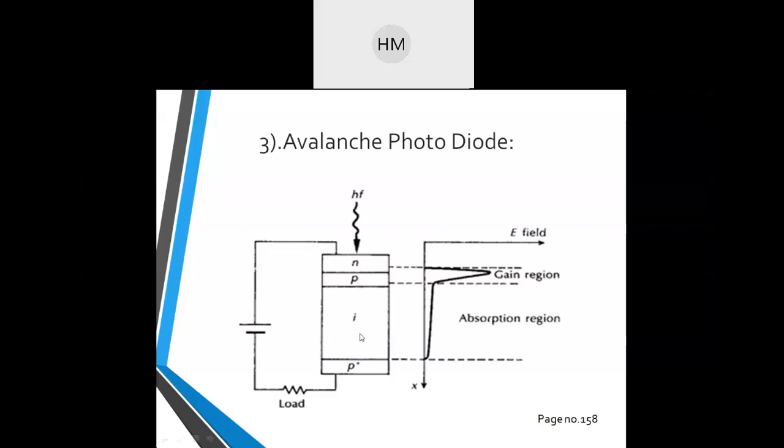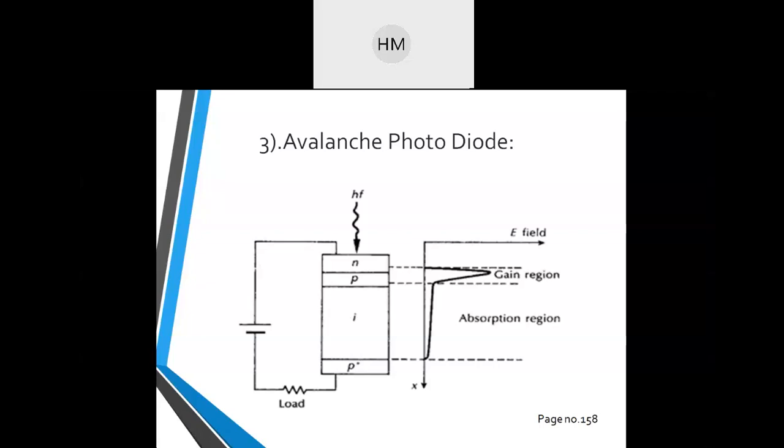Okay, the pi layer is an intrinsic material having P doping only because of imperfect purification. It is not a pure material, but it has P doping only. Okay, so this is the basic construction.